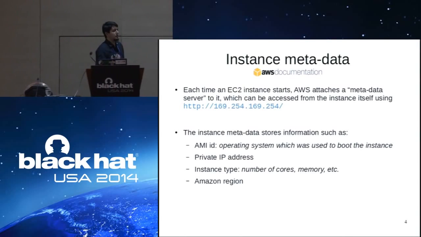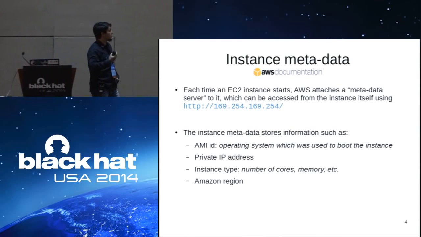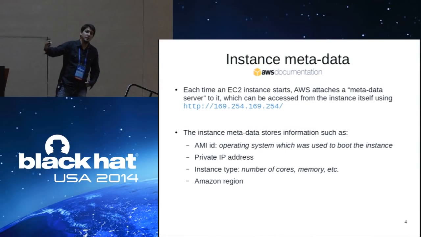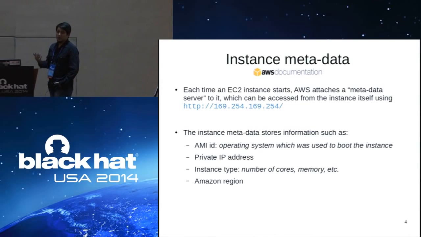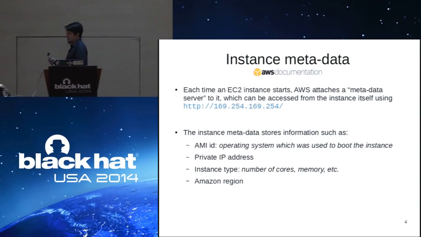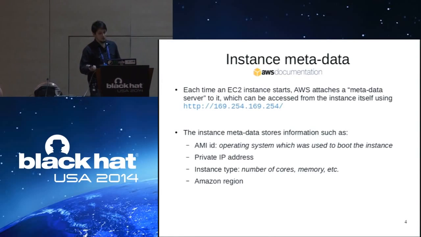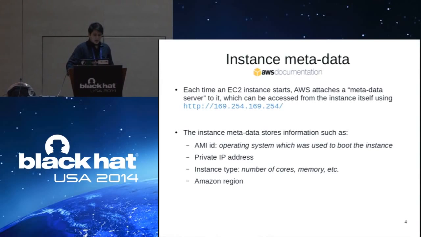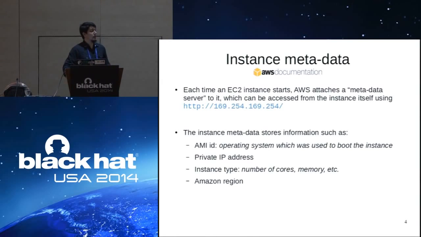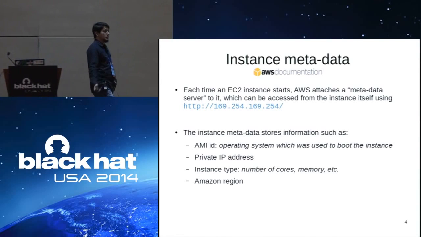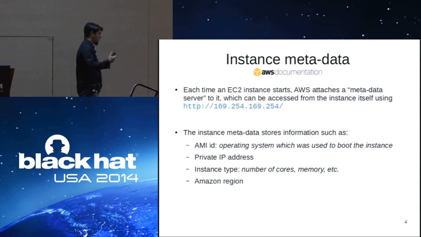Some AMIs are public, and if you're an attacker and you know the AMI, you can search for it, and if it's public, you might be able to identify which operating system is running and with which configuration. That's good information to have. Something else stored in the metadata is the private IP address, the instance type, how many cores, memory, and where it lives, in which region and in which Amazon data center.